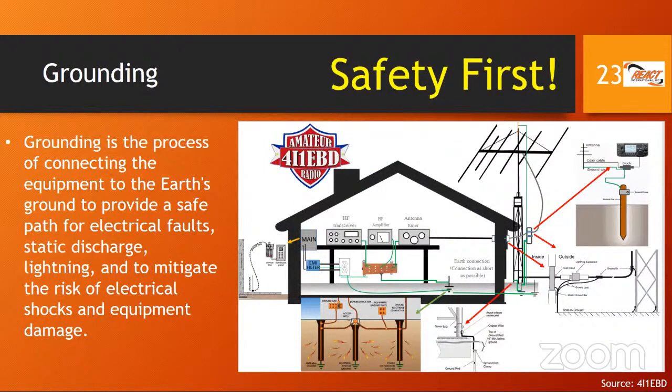Exam question. So let's continue with grounding. Grounding is very important. On the right-hand side, we have the typical amateur radio shack. Just to give you an idea as to what you might be aiming for as an amateur radio operator. You have your house, you have equipment on the inside, you may have antennas on the outside, but you want to ground them, make sure they're properly grounded. And grounding is when you connect all of that equipment to earth. And that's for safety in the main.